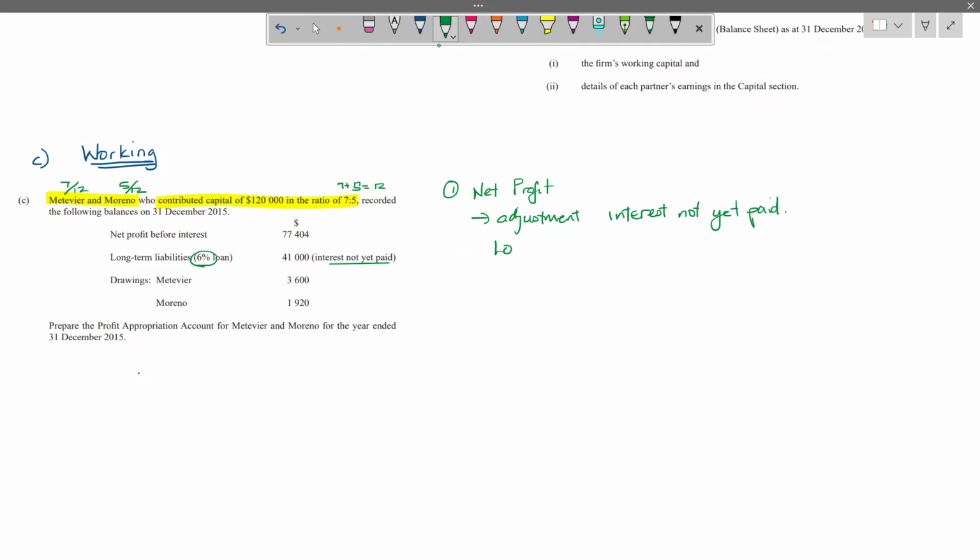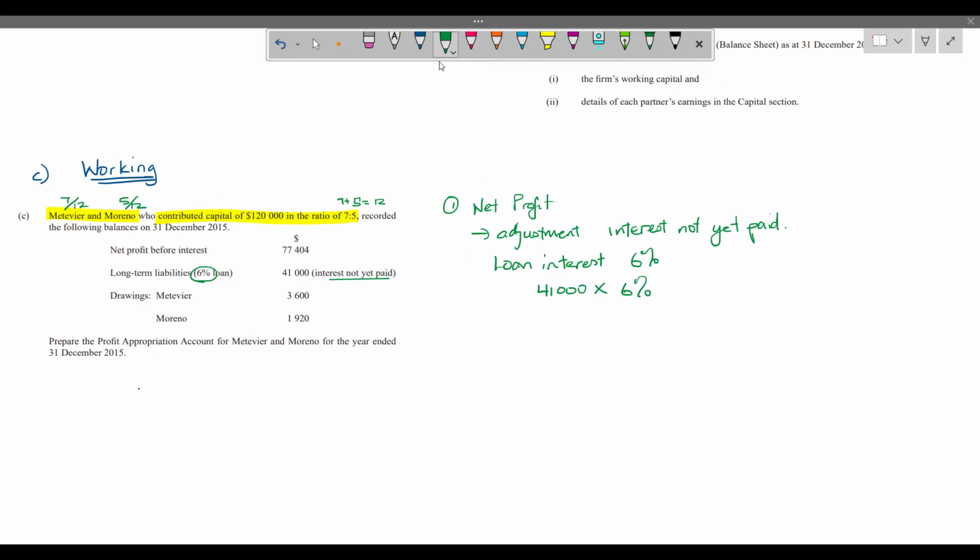So the loan interest is at 6% of the loan. So if we take our loan of 41,000 and we multiply that by 6%, let's pull up the calculator and see what I'm going to get there. 41,000 multiplied by 0.06. We're looking at $2,460.